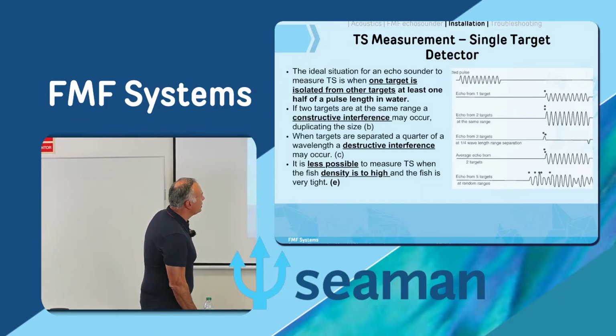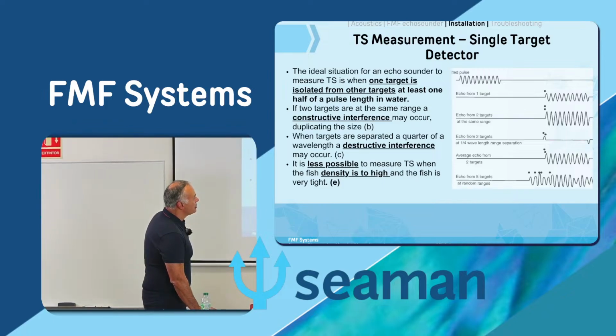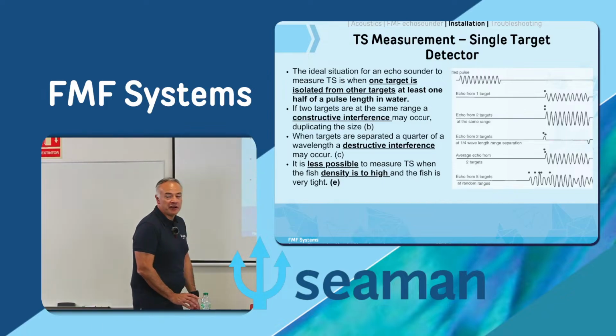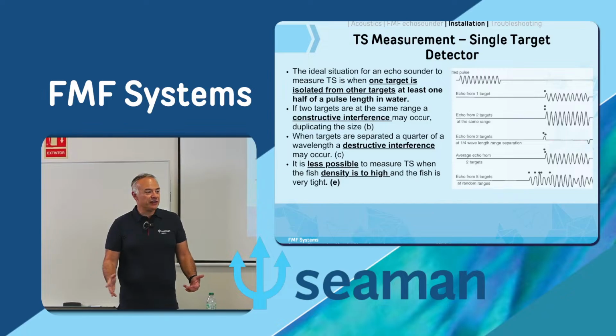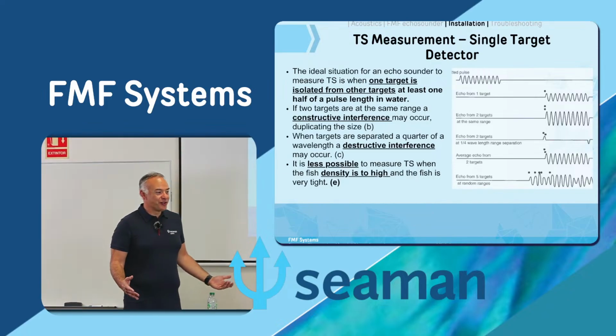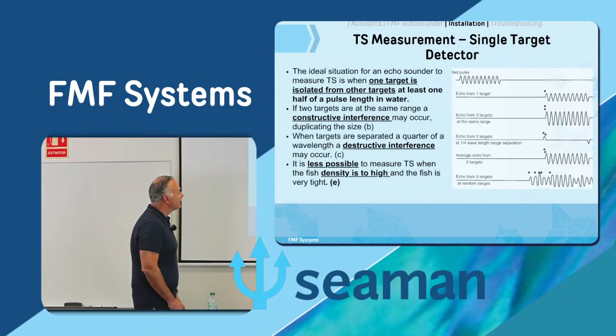in that graphic, that's the transmitted pulse and the received echo of one target. You see that you receive the same signal in this case, but if two targets are in the same range, then the signal will be added, and you can measure one fish as twice the size of the real one.